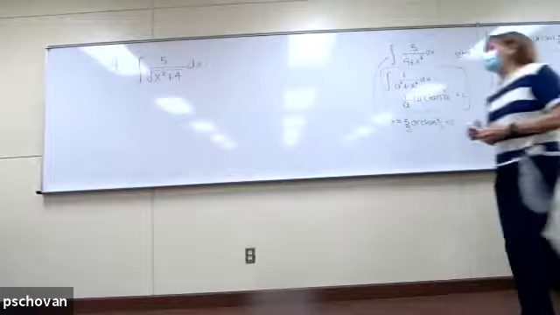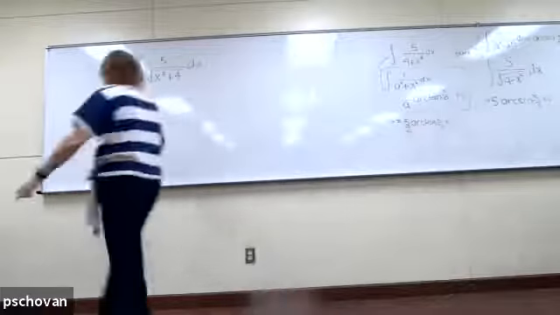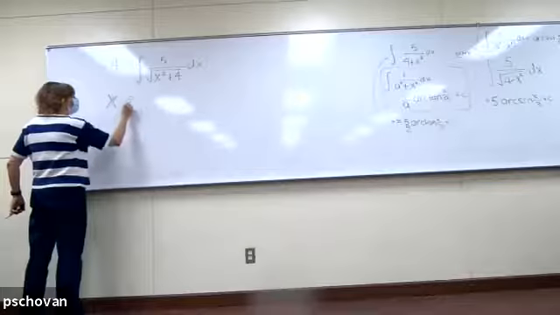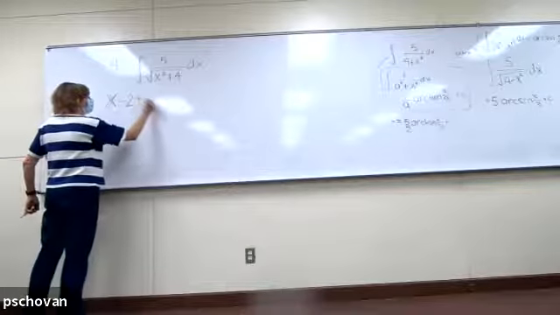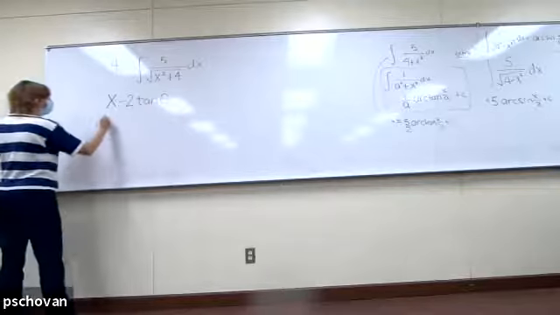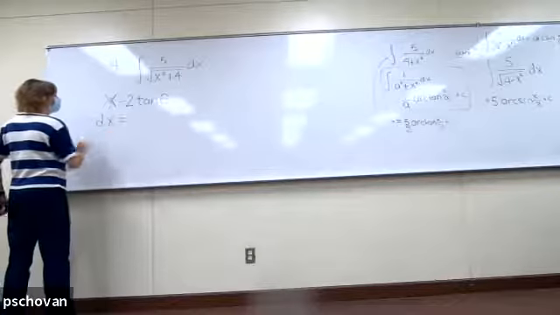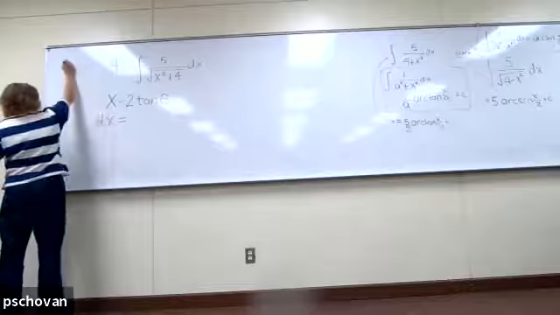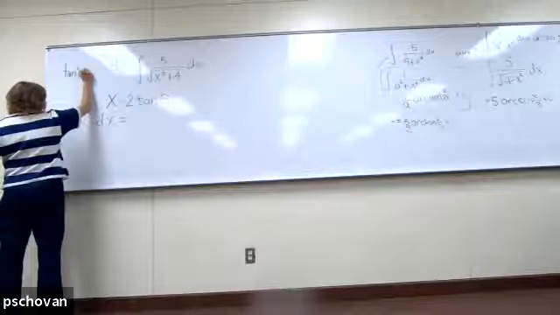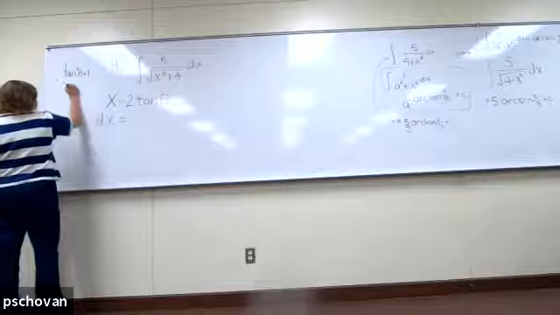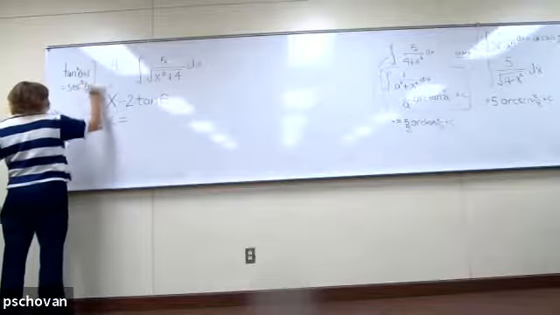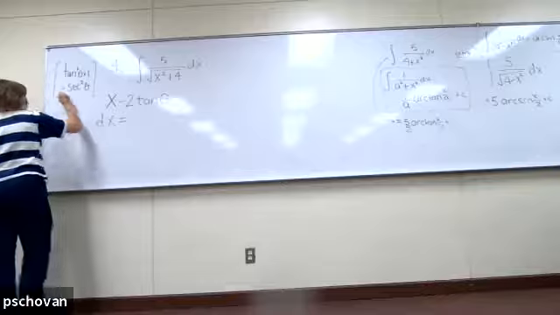Make sure everybody gets the right start. We're taking x to be 2 tangent of theta. Don't forget the dx. And eventually we're going to use the identity that tangent squared plus 1 is equal to secant squared. That's our goal. That's our motivation.